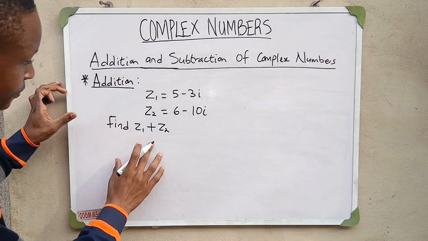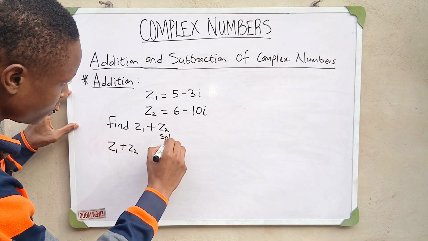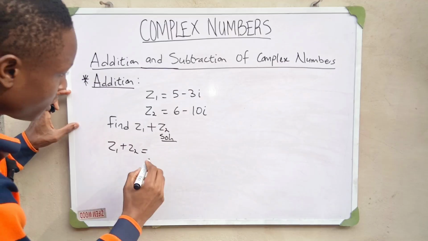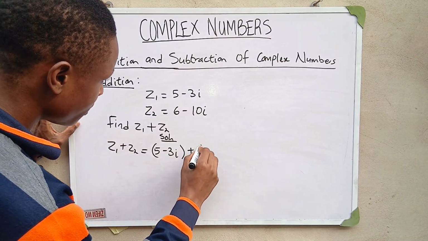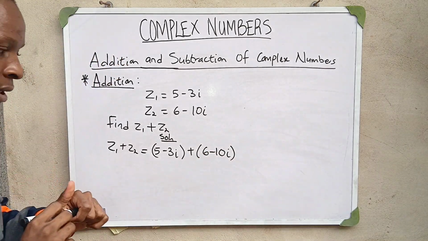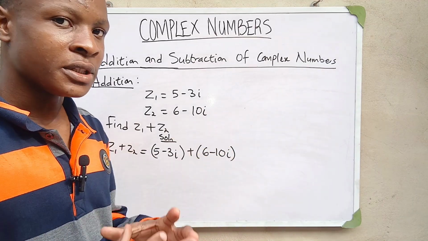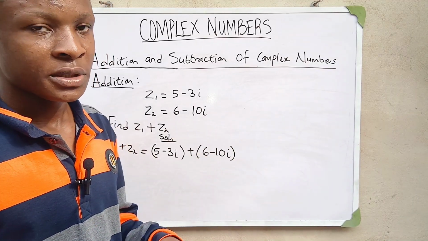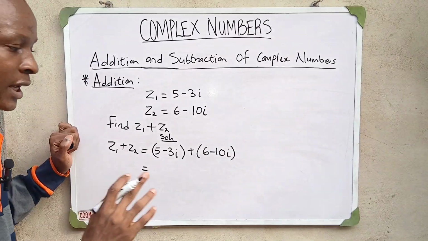What do we do? We have z1 plus z2 is equal to 5 minus 3i plus 6 minus 10i. Now when adding complex numbers, we add corresponding real parts and we add corresponding imaginary parts. We just collect like terms.